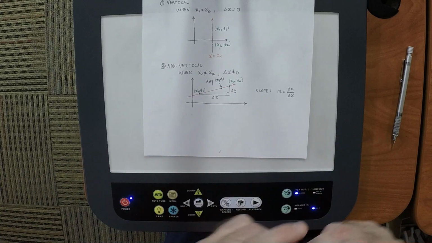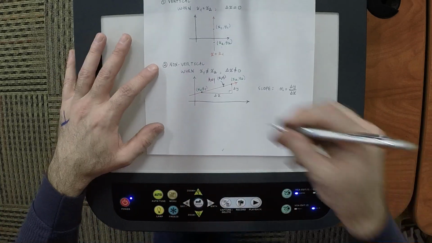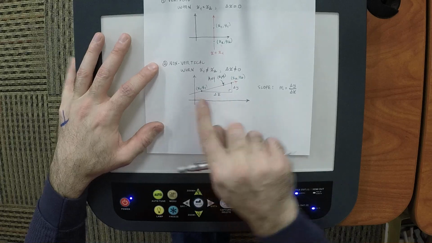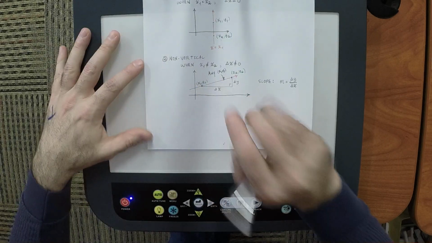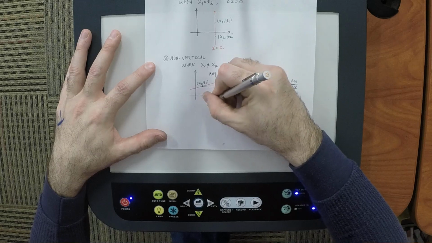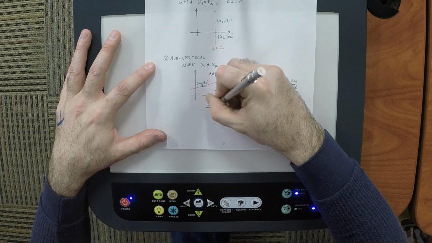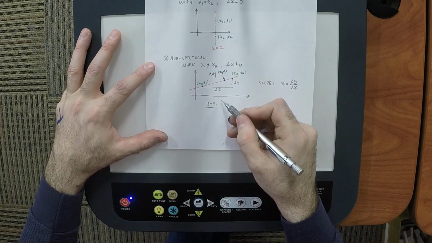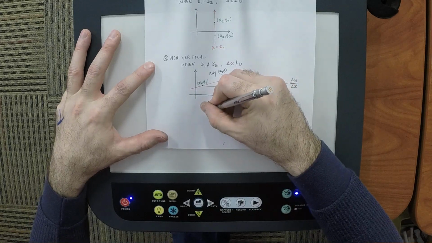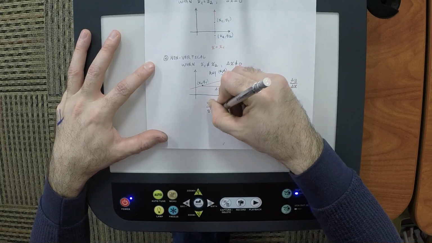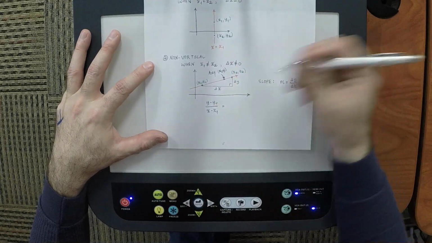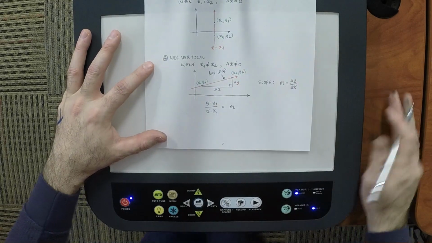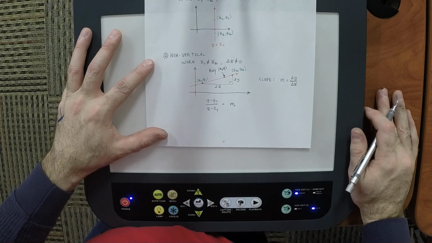Then it must be the case that if we consider x1, y1, and the blue point, y minus y1, the rise, divided by x minus x1, the run, should be equal to m for any x, y.